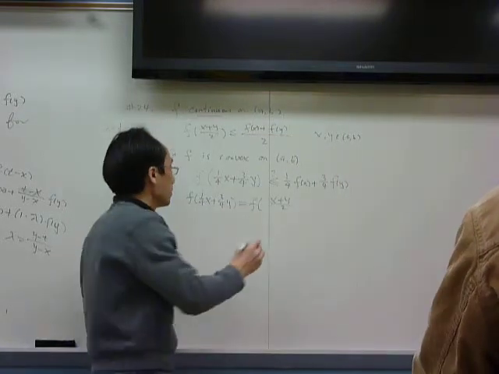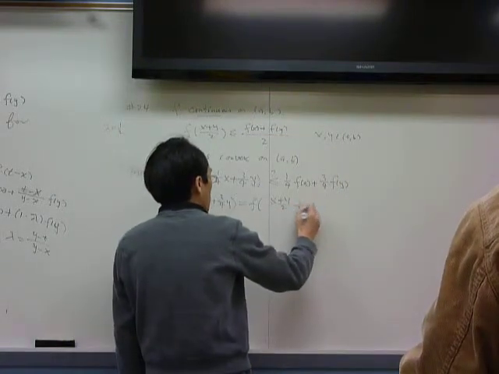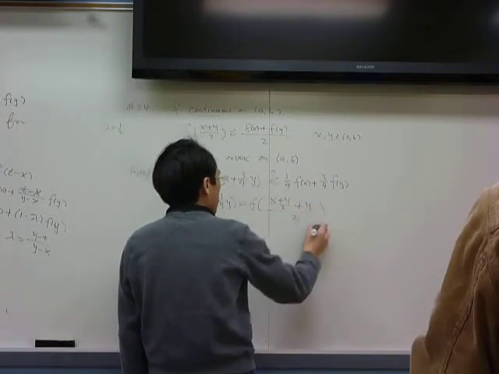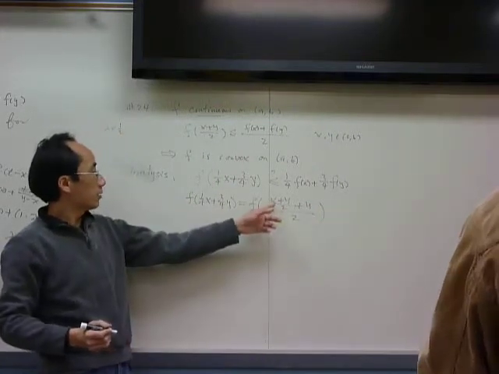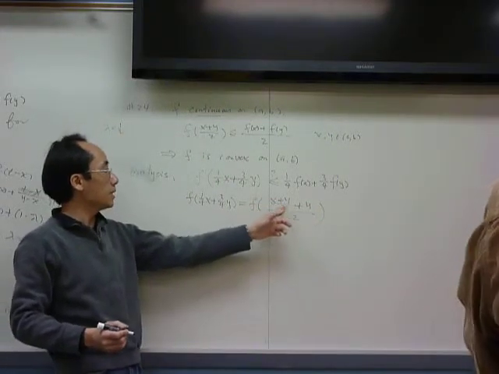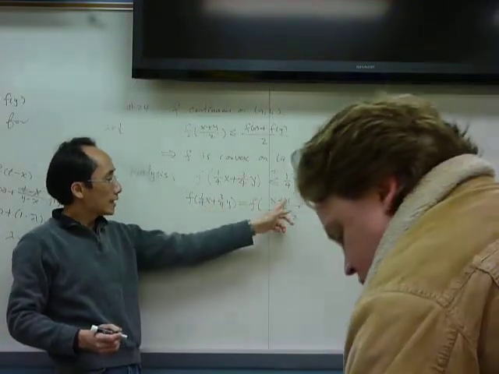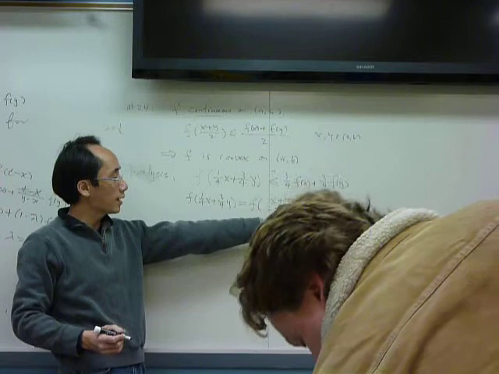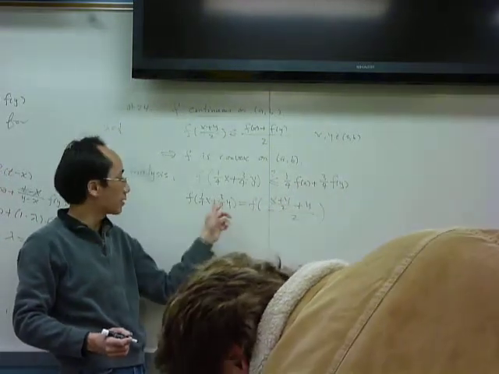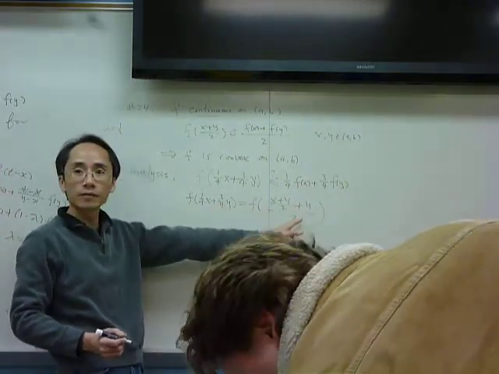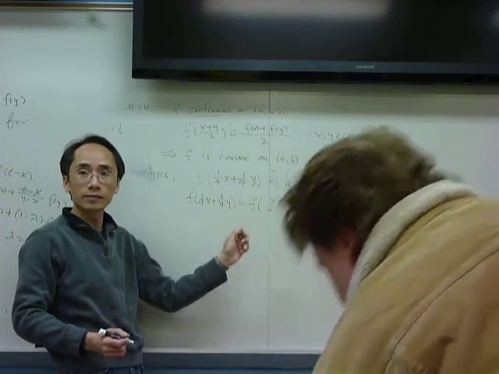So I don't need to worry about that. And then you just do the manipulation. Half of x divided by 2, that's a quarter of x. There's half of y plus y, that's 3 halves, and divided by 2, there's 3/4 of y, right? This equals that, right?